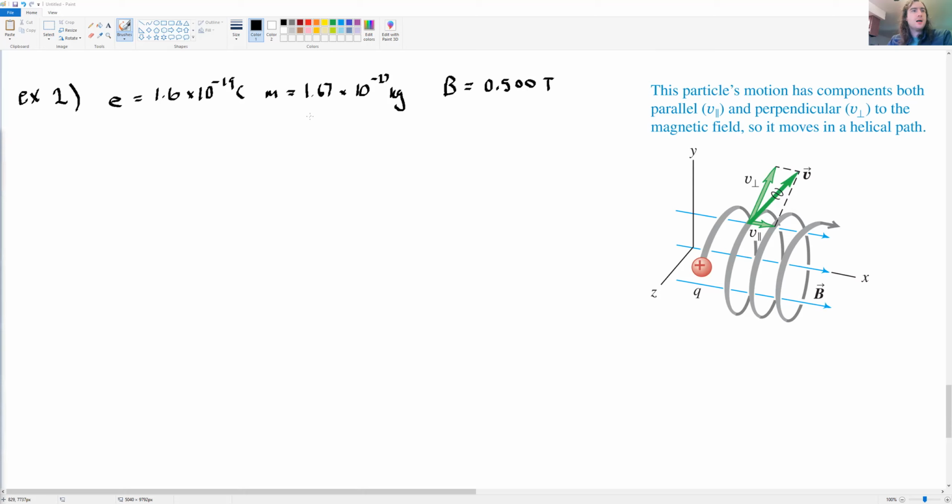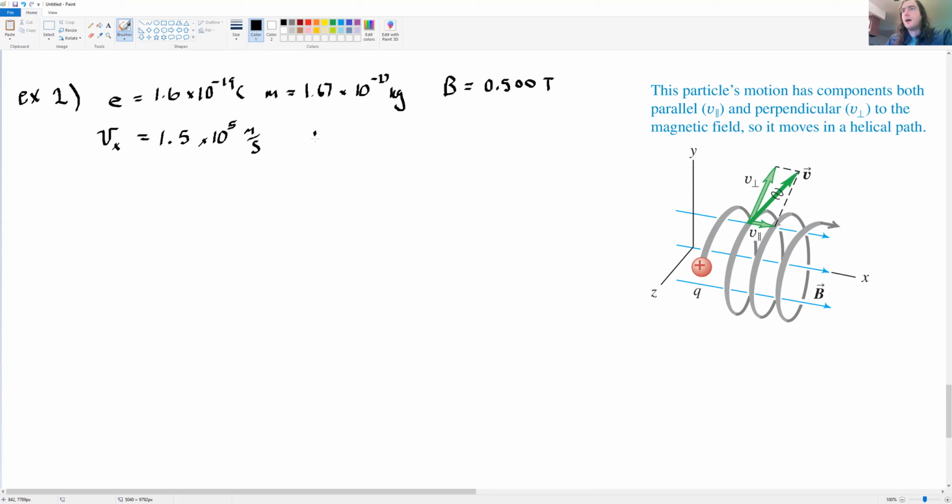Oh no, we need the components of the velocity as well. So the x component of the velocity, and see the figure there for the coordinate axes. We have the magnetic field in the x direction. The x component of the velocity is 1.5 times 10 to the 5th meters per second.